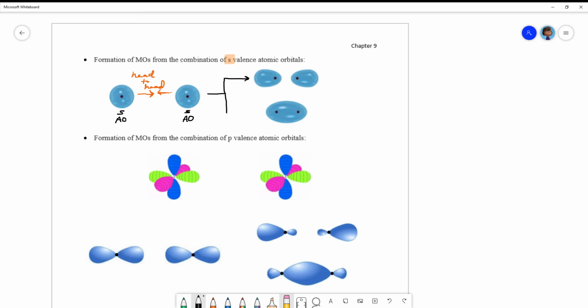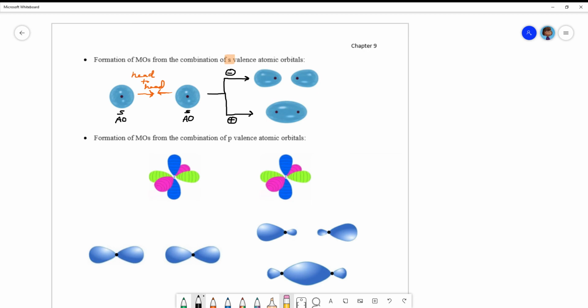One of them is obtained by constructive interference. I'll use a plus for constructive combination, and the other orbital is obtained by the destructive combination of the atomic orbitals.